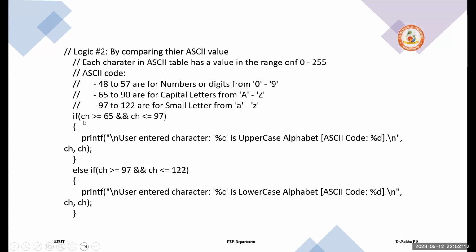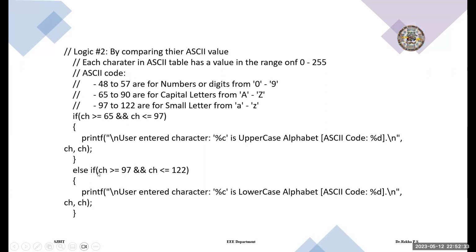Otherwise, it will fail. So both conditions should become true. If that is the case, only then this printf statement will be executed, uppercase alphabet, and it will print that alphabet. Else if the condition fails, then it will go to the next statement.